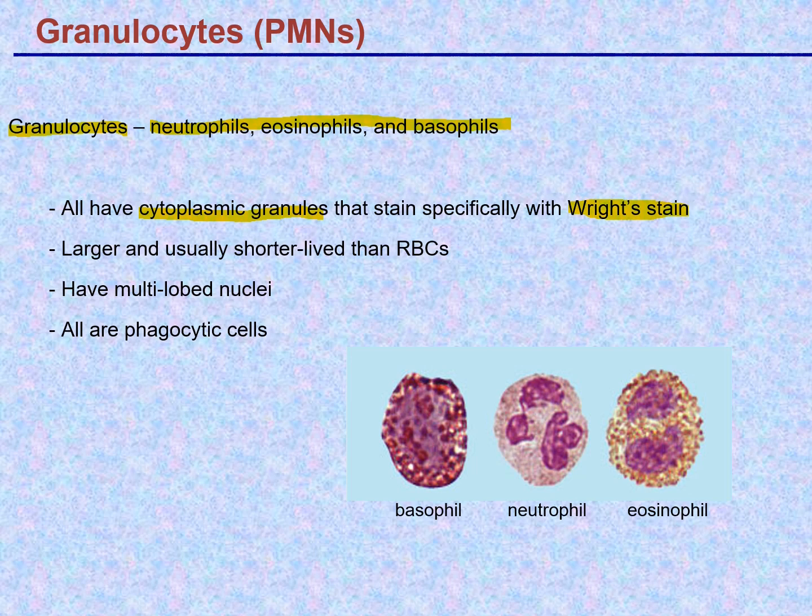Wright's stain is a very commonly used stain that's done on a smear, a peripheral blood smear. A smear is simply taking some blood, putting it on a glass slide and smearing it across the slide. And then you can look at it under the microscope and look at the white cells and determine the differential count.